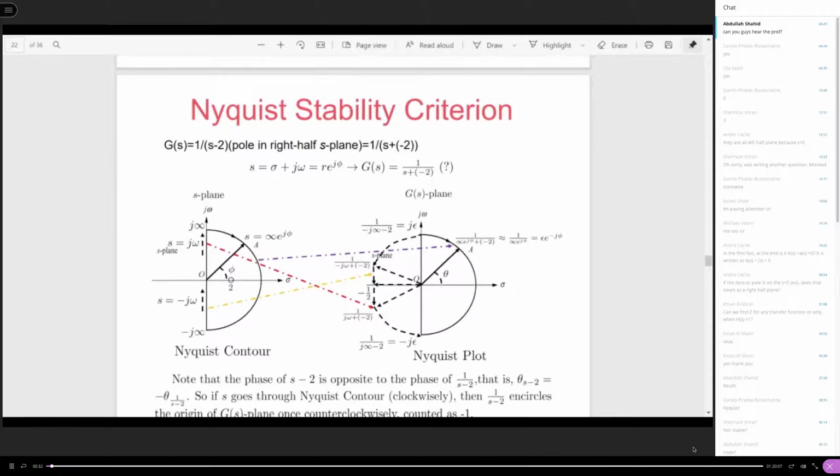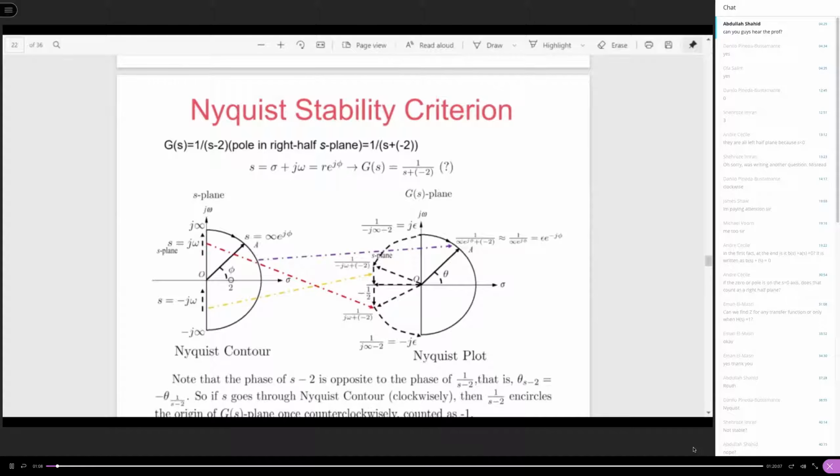If you have a transfer function that carries a pole or zeros in the right half plane, and you look at its Nyquist plot and the encirclement around the origin on the G of S plane, that makes a difference. I hope you can remember the conclusion for those four cases: left half plane pole, zero, and right half plane pole, zero.